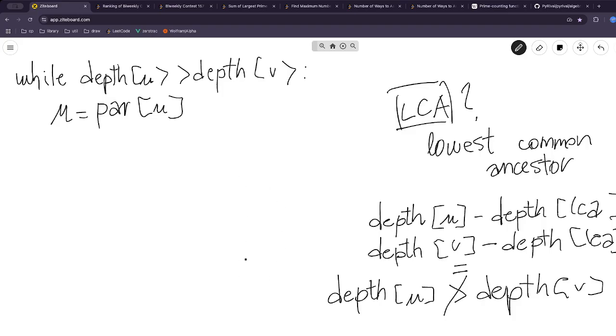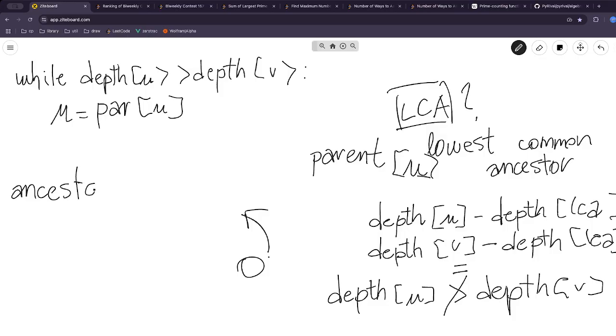So instead of doing just the jump to my parent, right? So when I calculate that parent of u, well, what if I calculated a list of the ancestor k of u, where k is a power of 2, right?